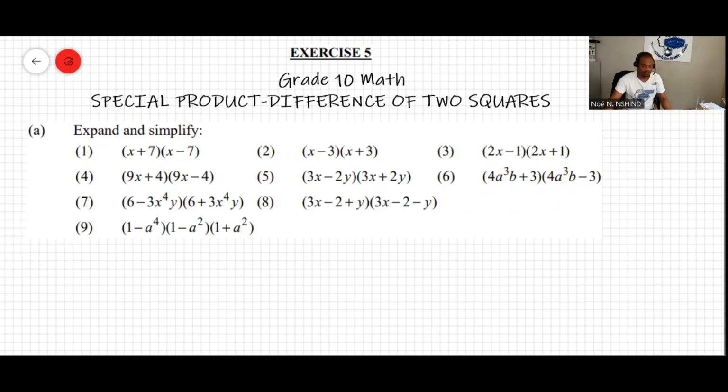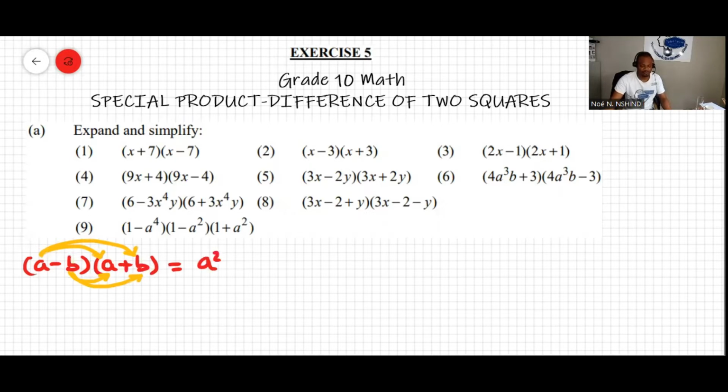Let's say we have A minus B times A plus B. When we multiply this, it will be A times A, then A times B, then negative B times A, and negative B times B. A times A gives A squared.